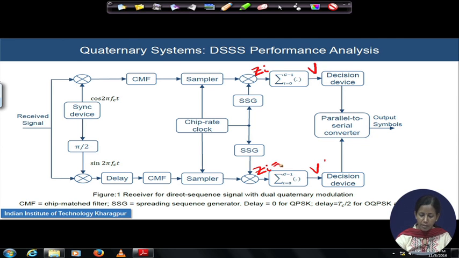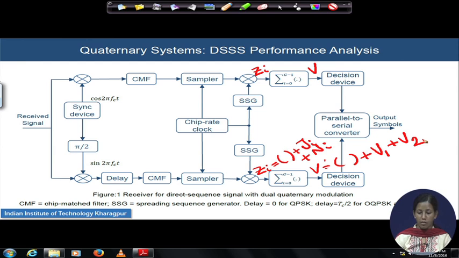Remember, inside ZI, as we are talking about interference, there was a contribution from the signal part, a contribution from the jamming part and a contribution from the noise part. And inside V1, the corresponding terms are some contribution from the signal part, the contribution because of the jamming part and the contribution because of the noise part.